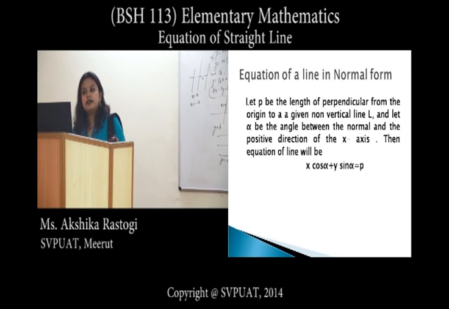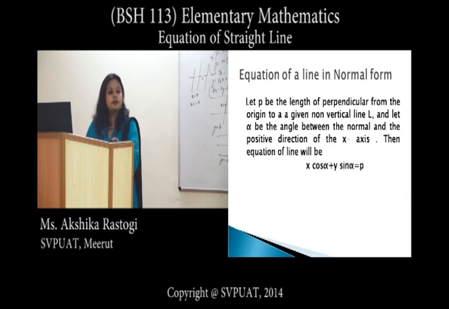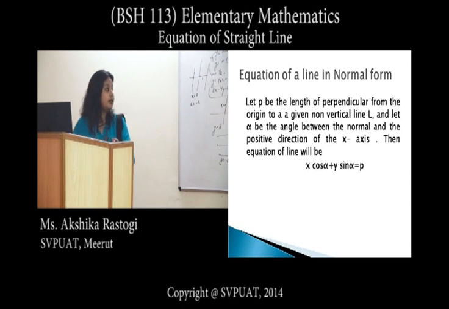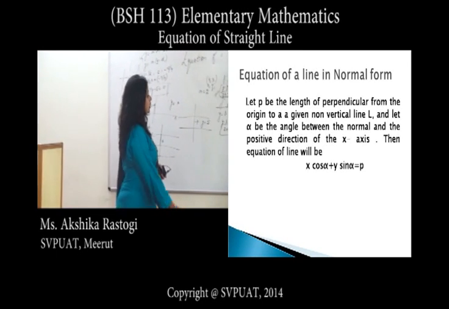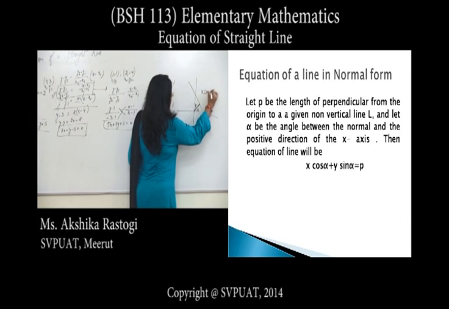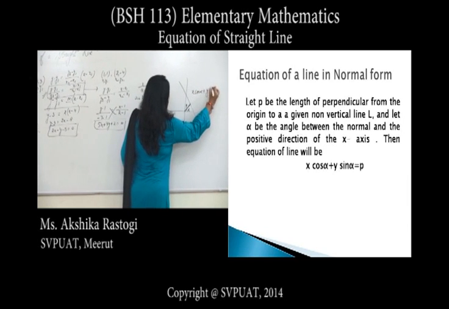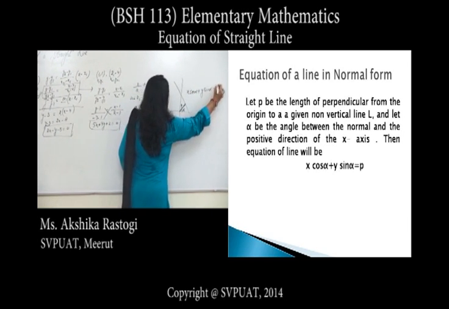So two different things are given. First is P, the distance between the origin and the line, and second is alpha, the inclination angle. So the standard equation for this is x cos alpha plus y sin alpha equals P.